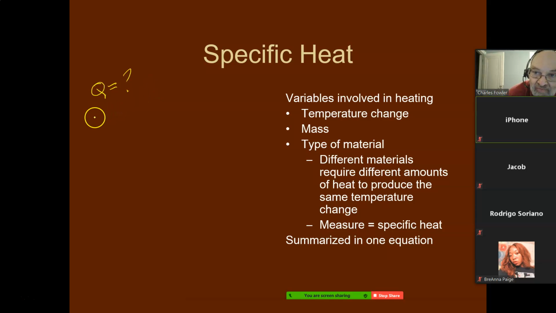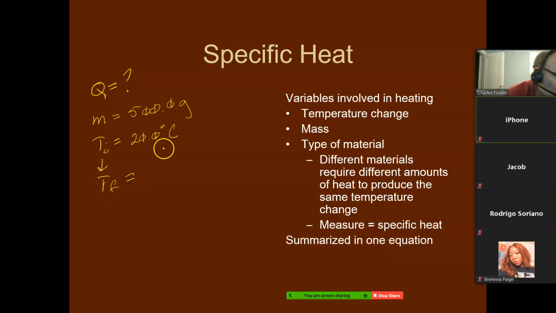So 500 gram is a measure of mass, equal to 500, to raise the temperature from 20 degrees Celsius, so this is the initial temperature, which is basically room temperature, to the final temperature of 100 degrees Celsius.